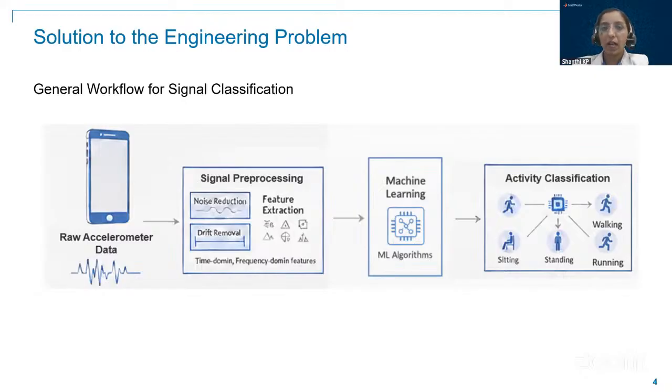Those features are then passed into machine learning algorithms, which learn to recognize movement patterns. Finally, the model can classify the activity, giving us an accurate picture of what the user is doing. So these are the general steps which we will be following today to address our engineering challenge.